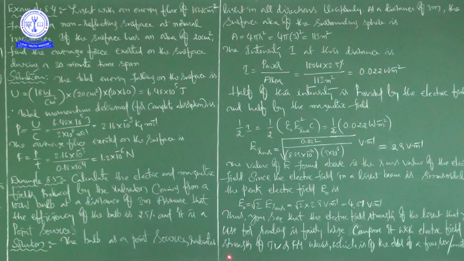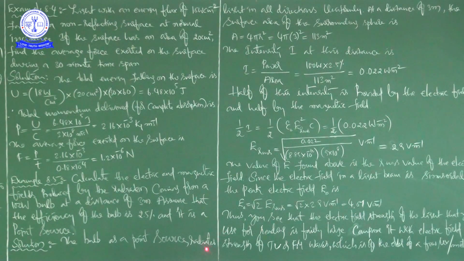Compare it with the electric field strength of TV or FM waves, right? See how we are getting TV signal in our house, whether it is Tata Sky or any DTH, Videocon, whatever it may be. We are using electromagnetic waves, no? This is the application of that particular point.